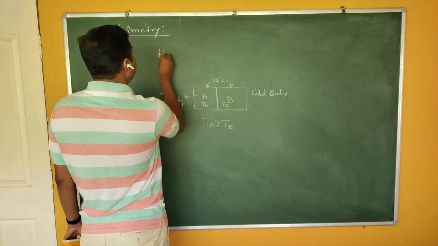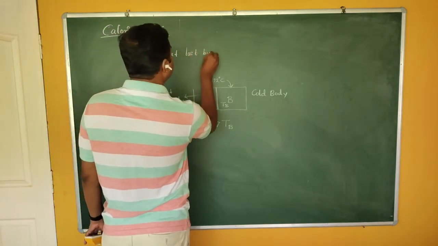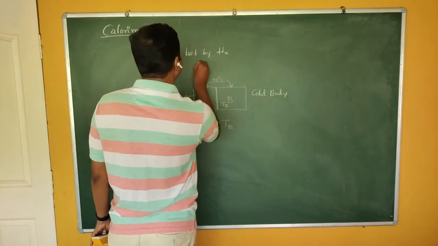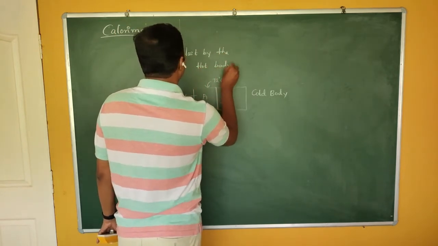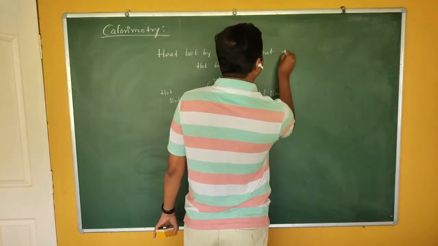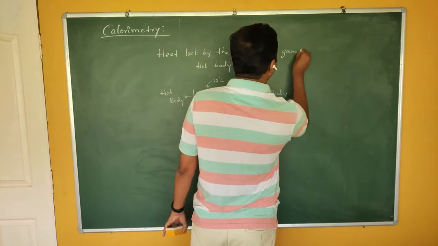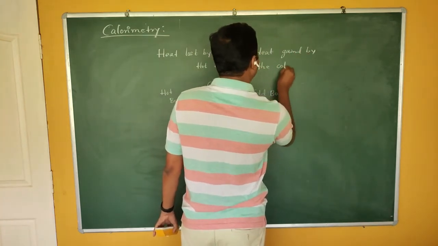Now this is a very simple principle. Heat lost by the hot body is equal to heat gained by the cold body.